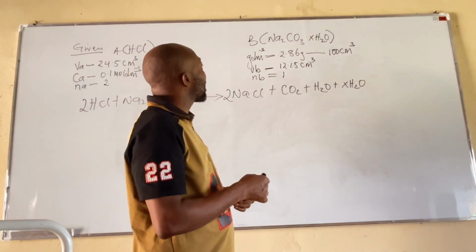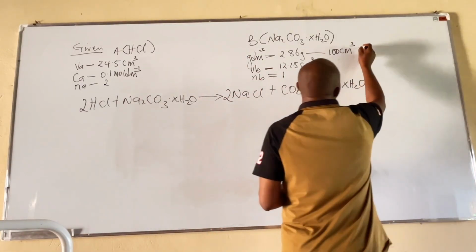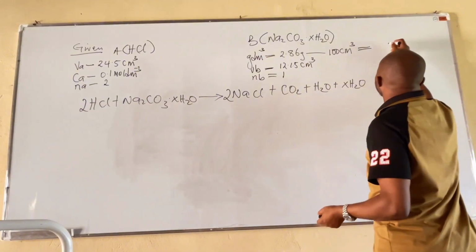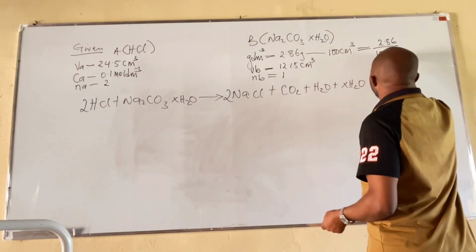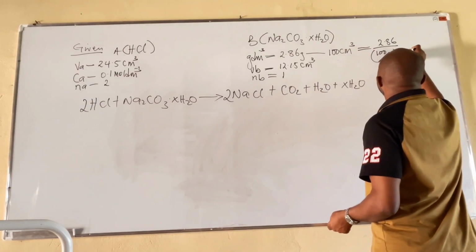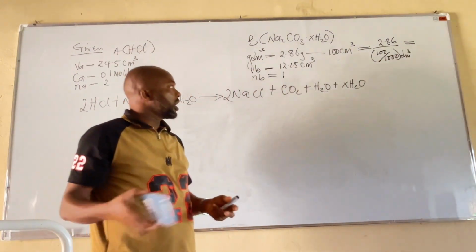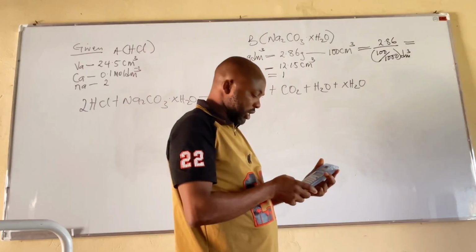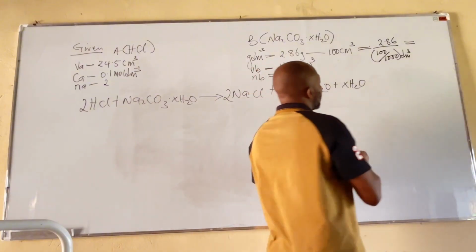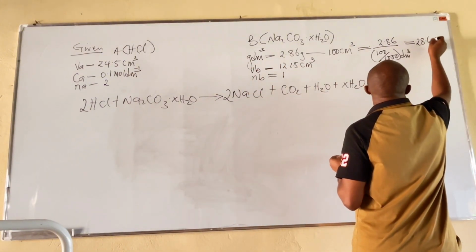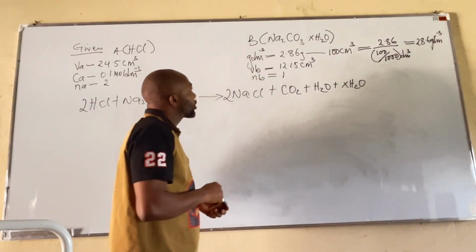So by virtue of that, I am going to convert this mass concentration of the hydrated into a complete variable, which is 2.86 over 100 divided by 1000 in dm³, which is 2.86 divided by 0.1. That's 28.6 g/dm³.